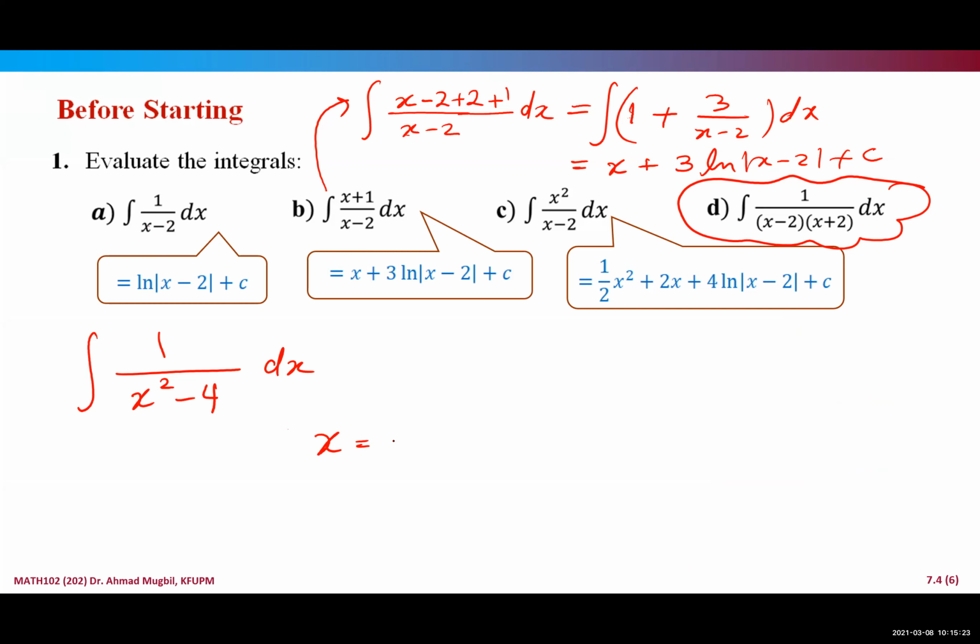Not sine, because of cosine squared plus sine squared equals 1. No, secant. We will put x equals what, Shabab? 2 secant theta. Yes, secant, Shabab.